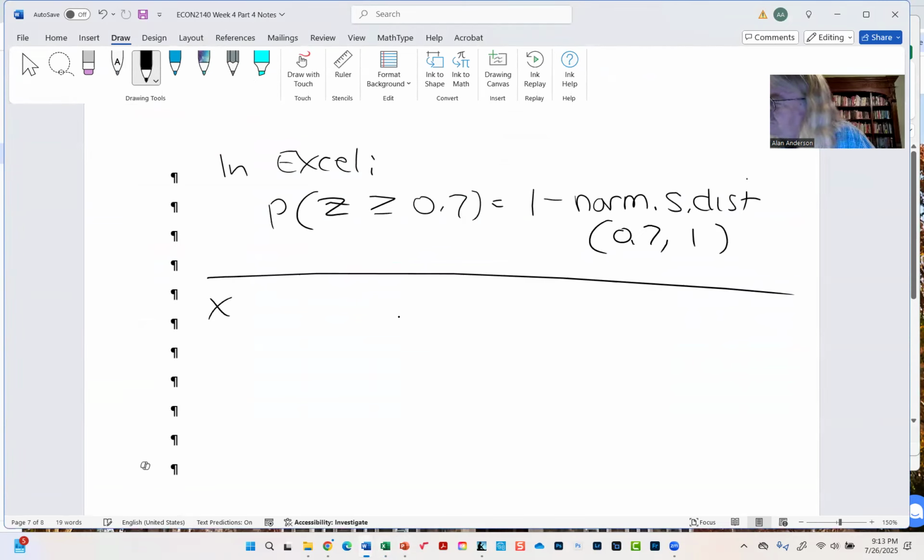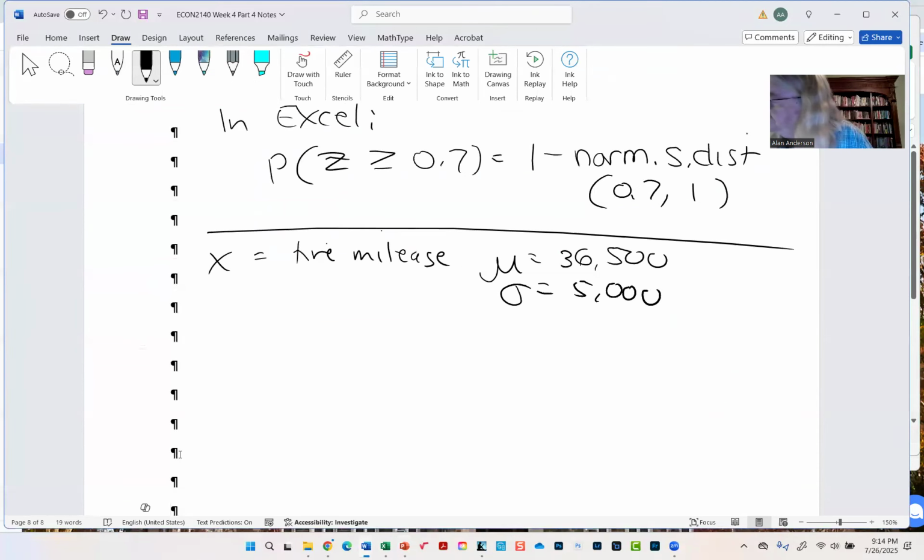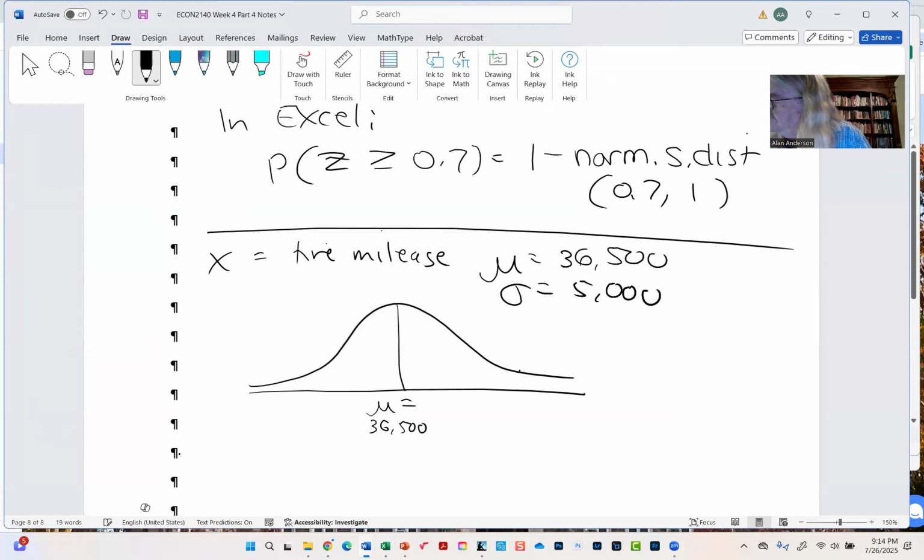Back to this example. We need to find the number of miles, or X, such that no more than 10% of the time does the mileage go past that point.